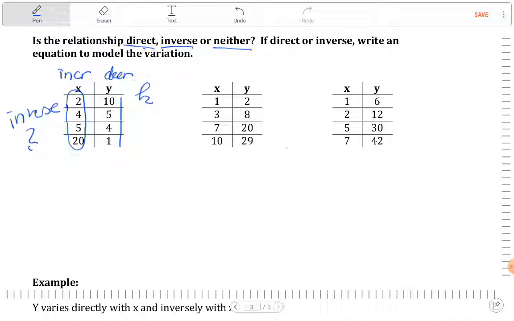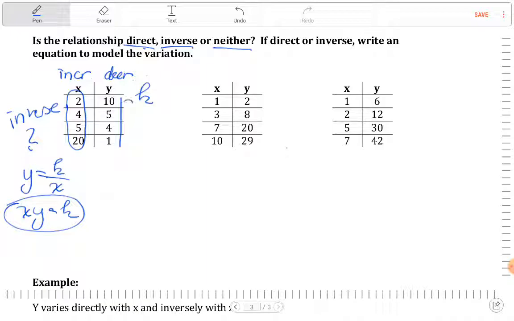So if you remember, your inverse variation is y equals k over x, or the version x times y equals k, which is easier to use right now. So let's check if our constant k is the same for all of the ordered pairs.